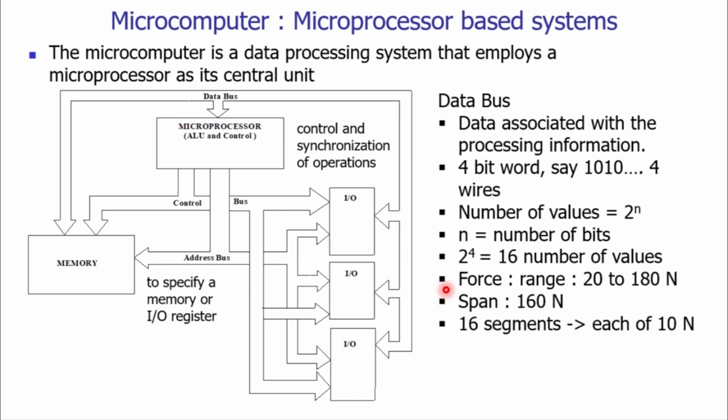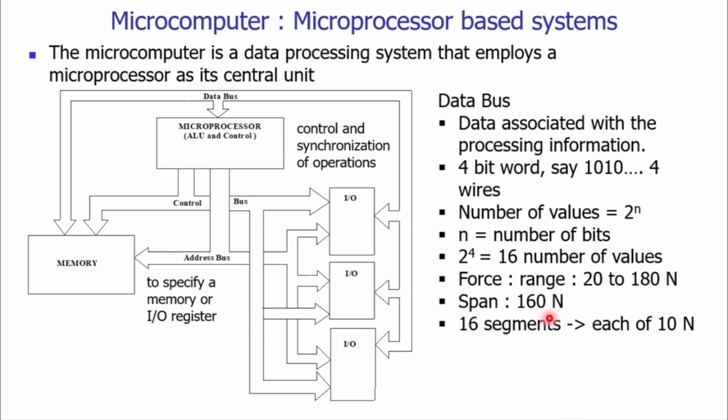So if you take an example of an embedded system which is used to record forces and to process the information about the forces, say an automatic weighing machine. When the force is between 20 to 180 Newton, we are using this device. This is the range of the device, 20 to 180 Newton capacity.